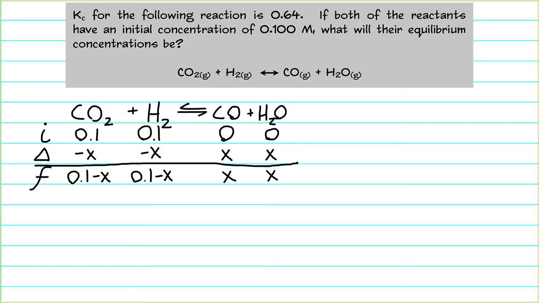So let's go ahead and write down our equilibrium expression. The equilibrium expression, K sub C, is the equilibrium concentrations of the products over the reactants with the coefficients raised as exponents.